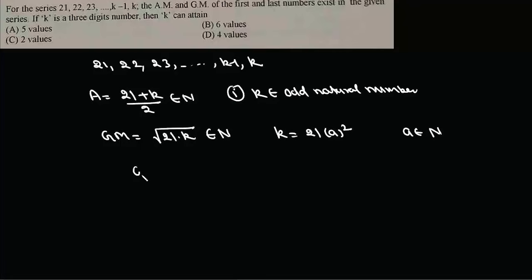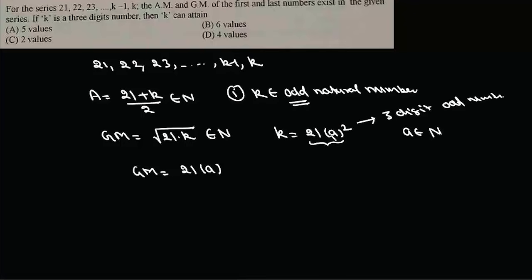Then its geometric mean will be 21 into a, which will lie in this series. So this k, which is 21 into a square, must be an odd number, and it is given that it's a 3-digit number, so it's a 3-digit odd number.